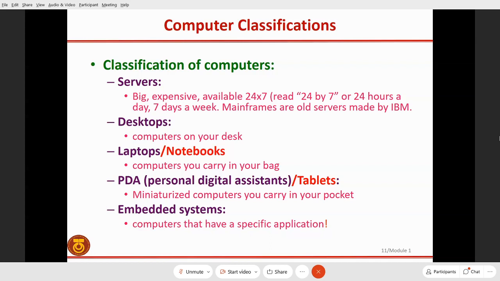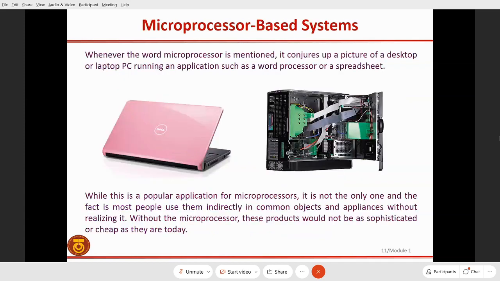What differs it from the other computer classifications is the specific application that it has. When you write a program in your microprocessor, it means that you want it to run a specific application, one or two maximum. For example, you want your microprocessor to do temperature sensing, light sensing.